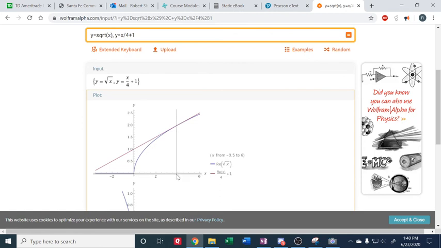Right at 4, directly above it, we nick the curve right there. That's the tangent line. And we found the equation of the tangent line right here at x equals 4. Any questions or comments?